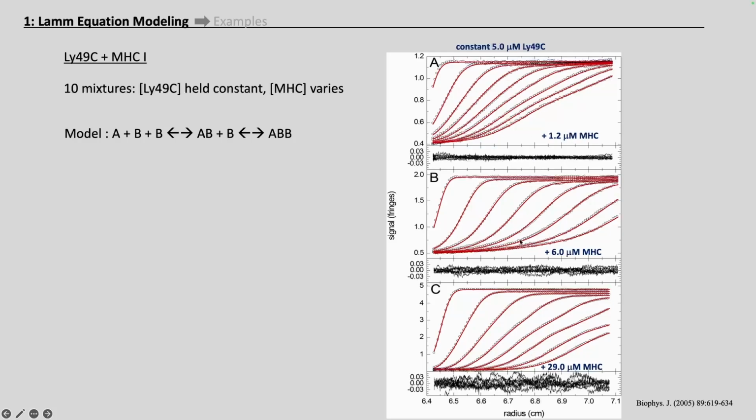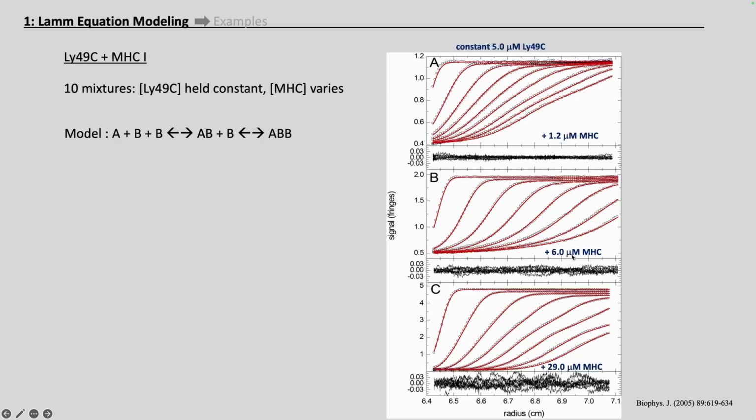It is worth noting the boundary structures. They show sedimentation boundaries at equal time intervals so that we can better compare visually the relative velocities. On top, with an excess of Ly49C and just a little bit of MHC, we can recognize two boundaries, both relatively slow.